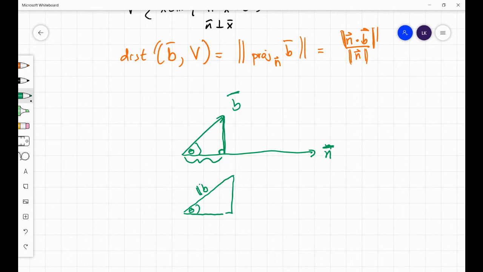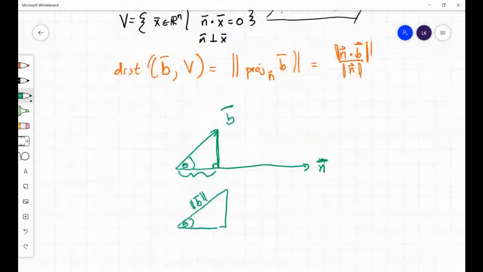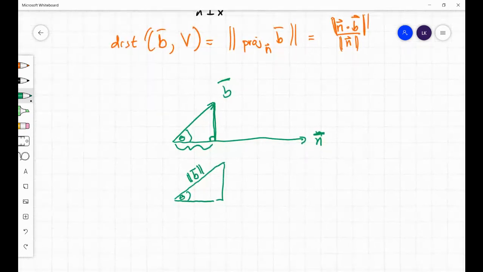And the hypotenuse represents the length of vector B. Okay, so I'm getting lost now.